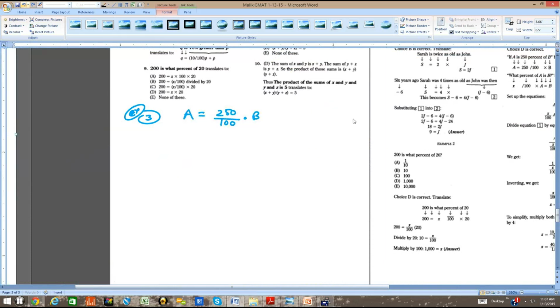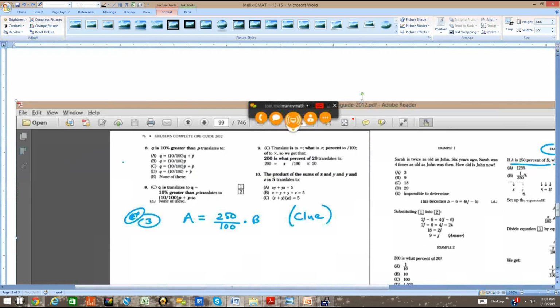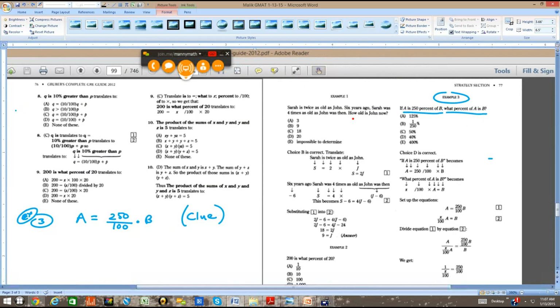There you go. What means X. Percent means over 100. Off means multiply. A means A. Is means equal to. B means B. So that's our puzzle.